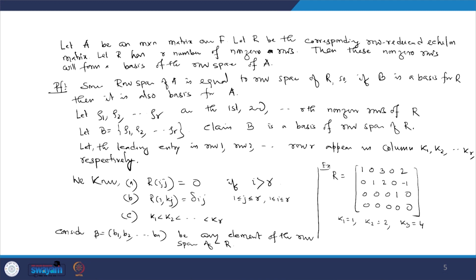Now, my claim is that if I write down any linear combination, say beta equal to b1, b2, ..., bn, equal to c1 rho 1 plus c2 rho 2 plus ... plus ck rho k, then I compare the k_i-th entry.